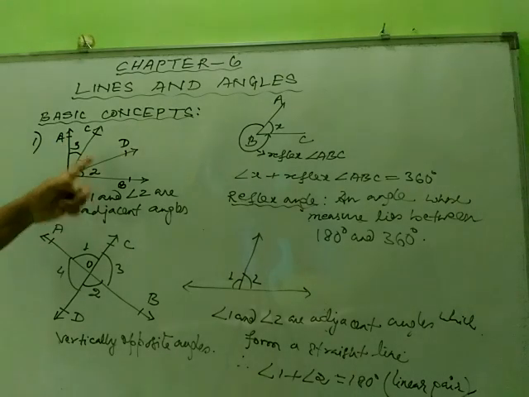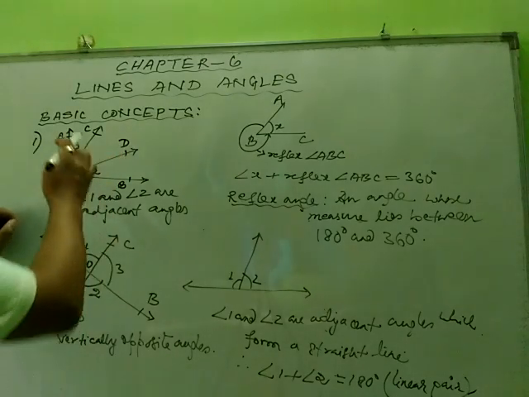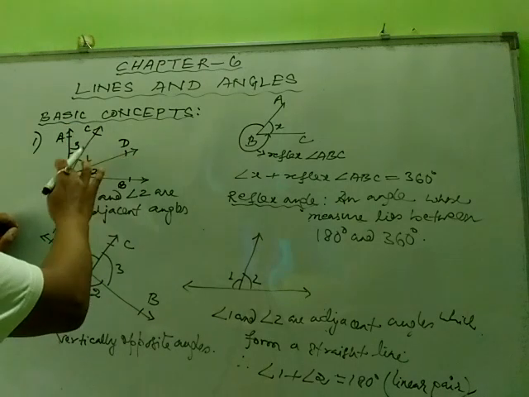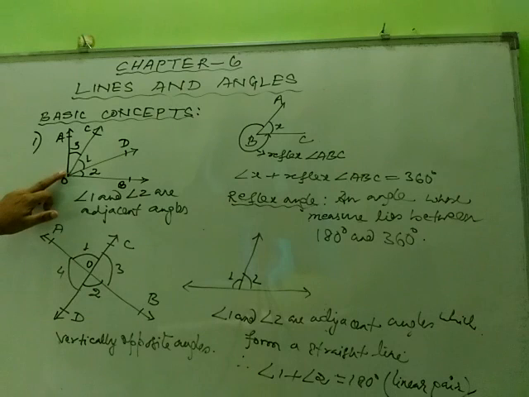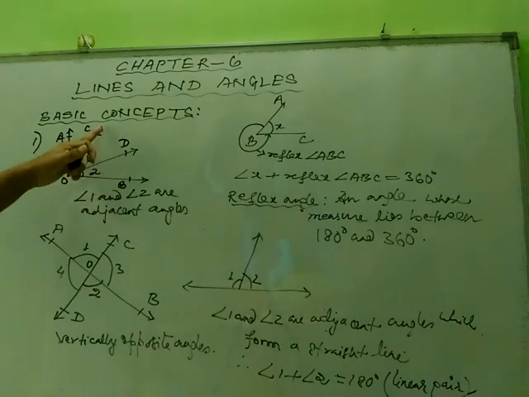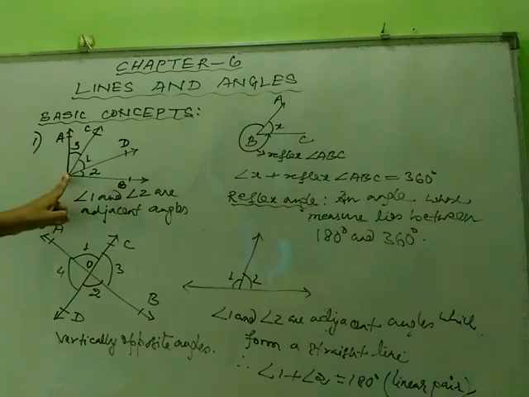In this angle AOD, OC is the common arm followed by the common vertex O. That is why angle 1 and 3 are adjacent angles, because they have a common arm with the common vertex O. Secondly, here OD is the common ray with the common vertex O. That is why angle 1 and 2 are adjacent angles.